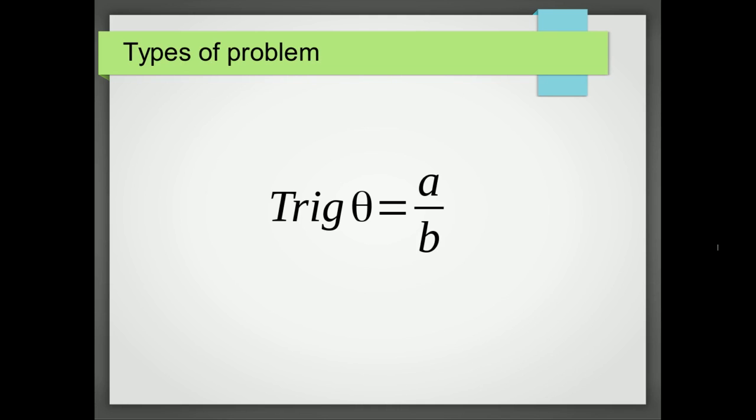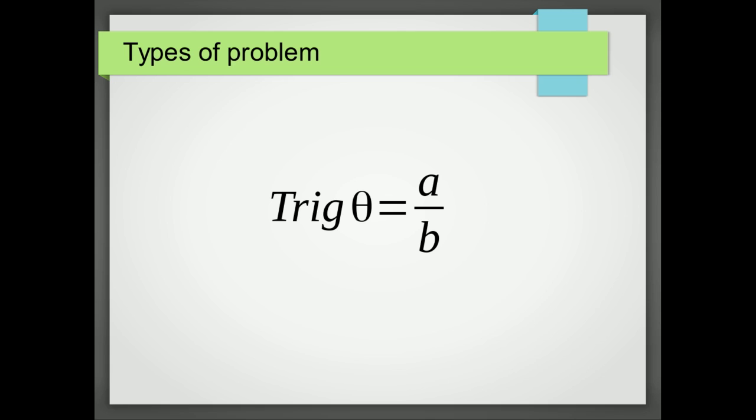There are three main types of problem to solve, and those are dependent on whether in this situation we're finding the angle theta, the side A, which is the numerator, or the side B, which is the denominator. It doesn't matter whether that trig is represented by sine, cos or tan. That just changes the button we press on our calculator.